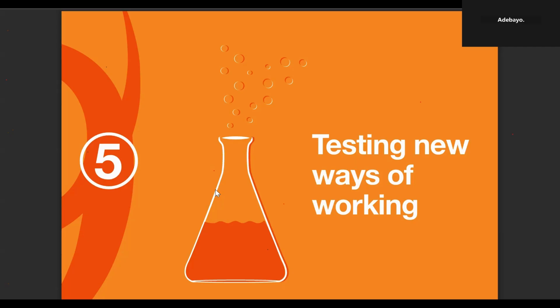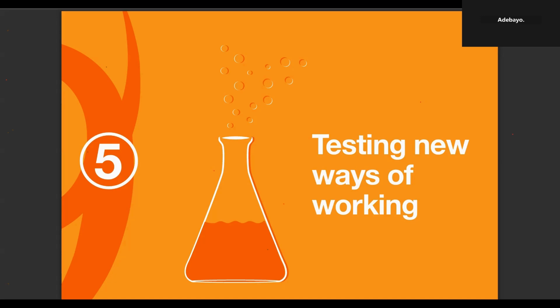But in our next class, we are going to be looking at testing new ways of working, meaning that we've done our transition, we've created the to-be process and to-be state. Now we want to test. Remember, we've not used that particular new way of working before, right?